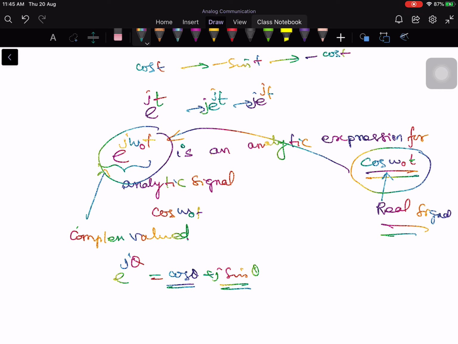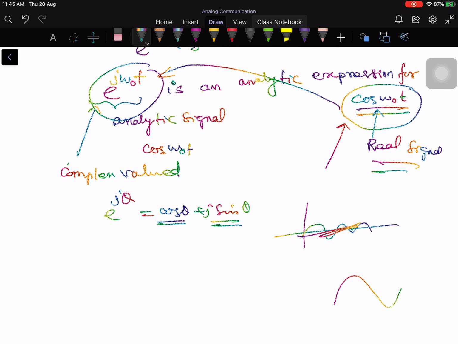So, the same kind of concept we want to generalize for any arbitrary signal. This is a specific signal I have taken here. You take cos omega naught t, that is called a real signal because you can physically observe it or physically generate it in the lab. It is a real signal.